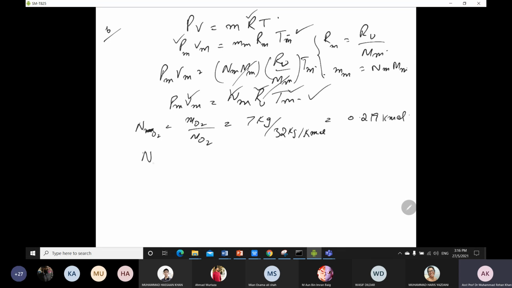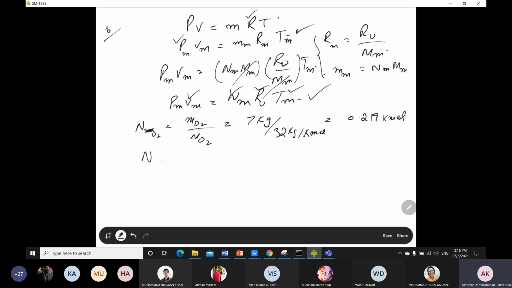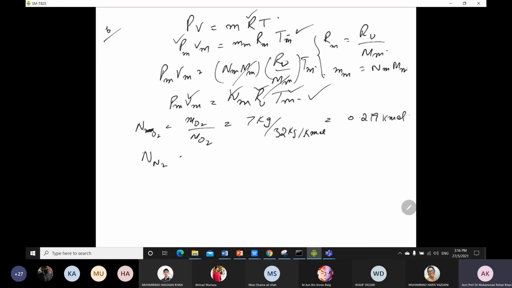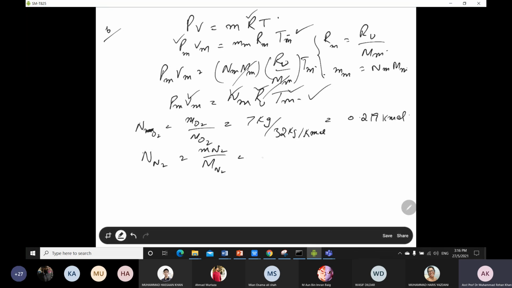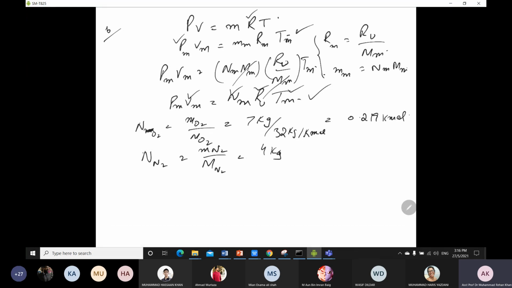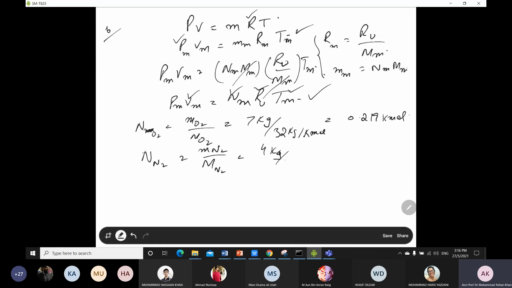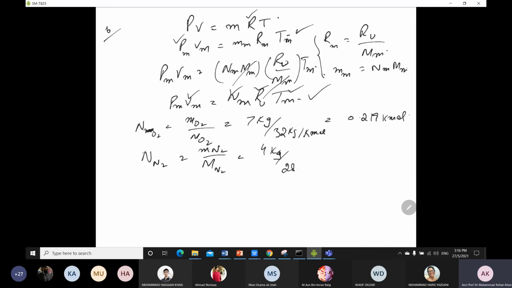Similarly, the number of moles of the second gas, N2, is equal to mass of N2 over molar mass of N2. The mass is 4 kg, which comes from the problem statement, and the molar mass is 28 kg per kilomole for N2. If we solve it, it will be equal to 0.143 kilomole.